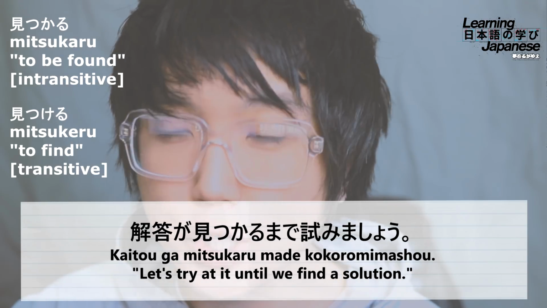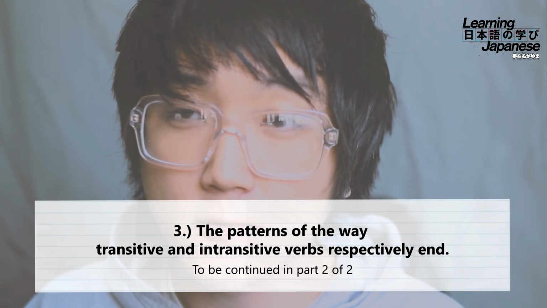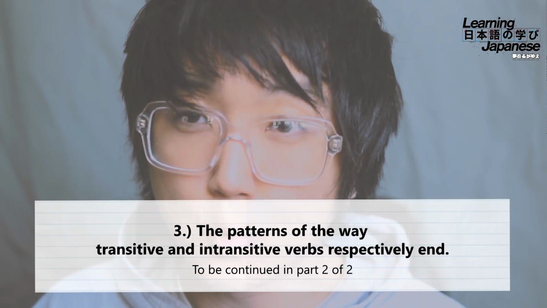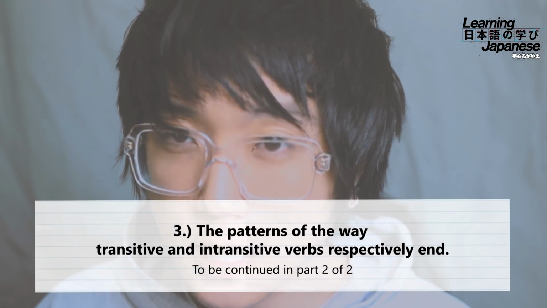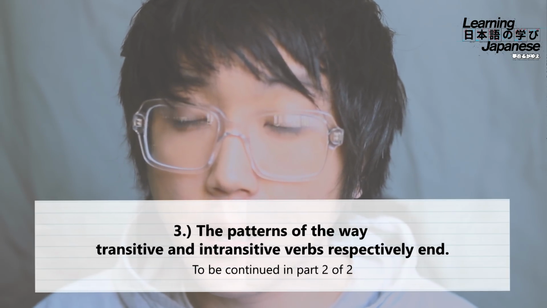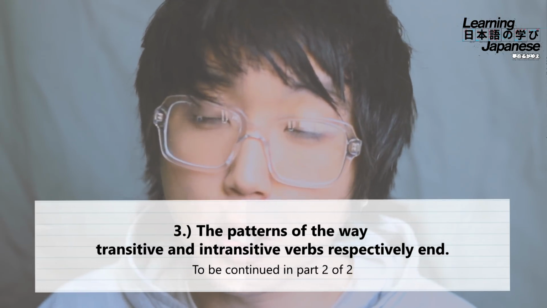And that is going to be the many patterns that transitive and intransitive verbs end in, the characters that they end in that are giveaways as to whether they're transitive or intransitive. And we are saving that for the next video, part 2, because it's going to be pretty lengthy, or at the very least it's going to make this lesson video too lengthy.